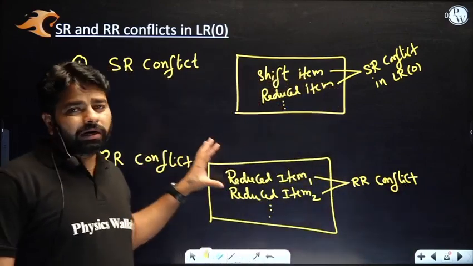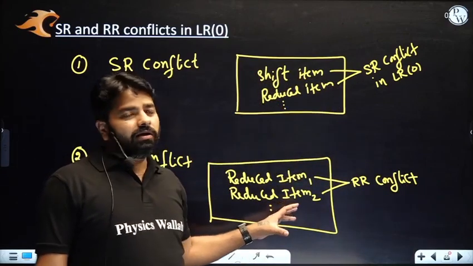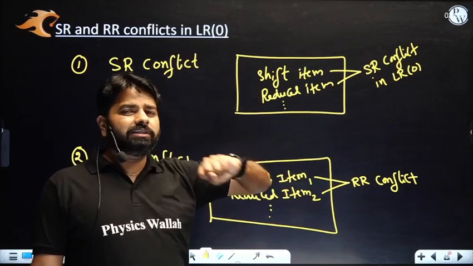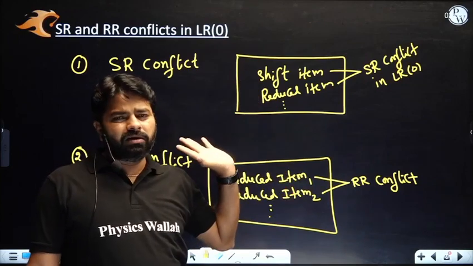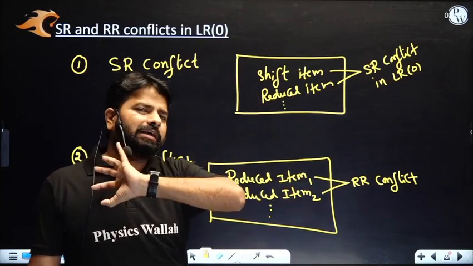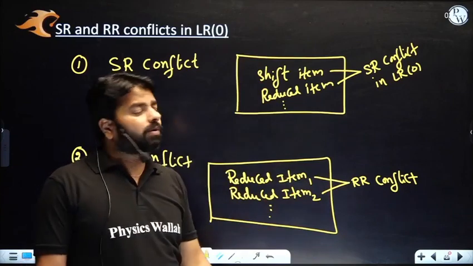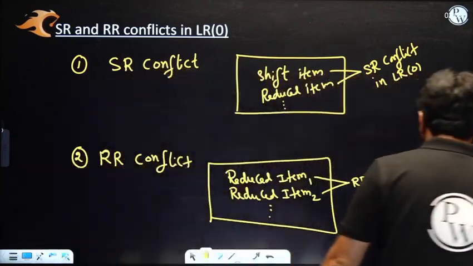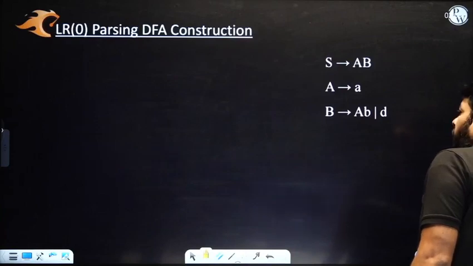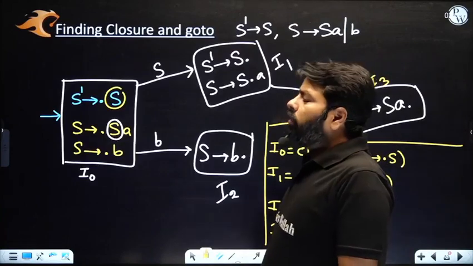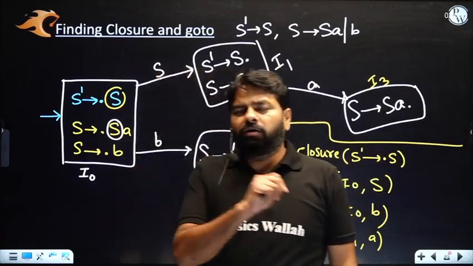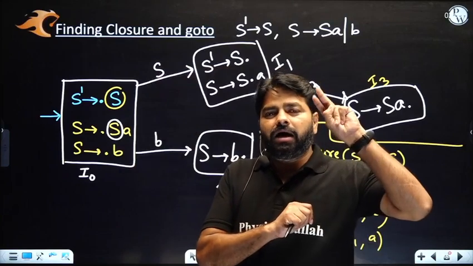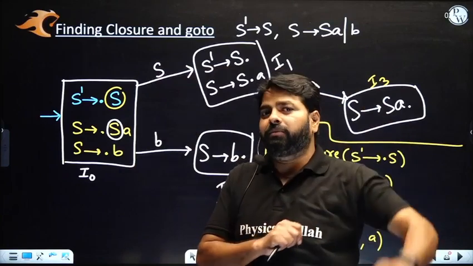In case in your diagram or DFA at least one conflict is there, RR or SR does not matter, the given grammar is not LR0. So go back and look for the conflicts. Here, do you have any conflict? If you want to get a conflict, see the names SR and RR, R must be there in both of them.